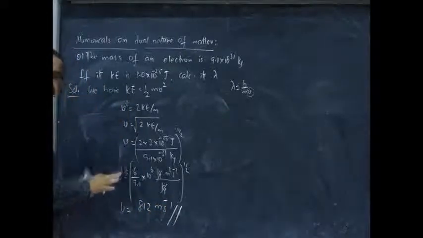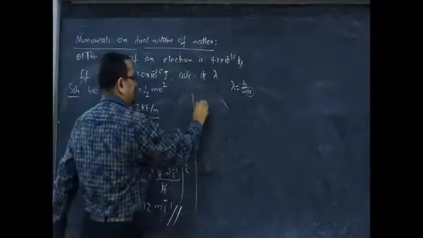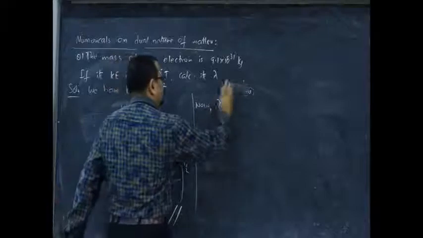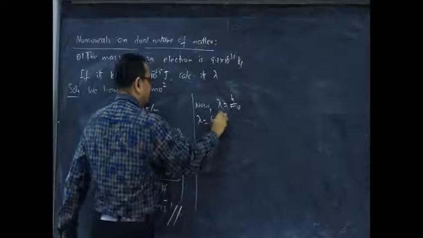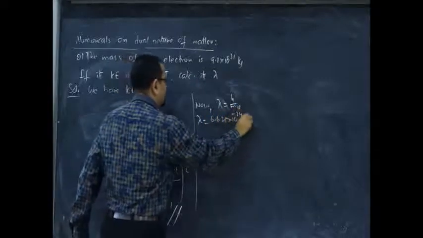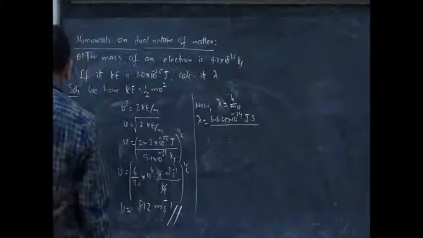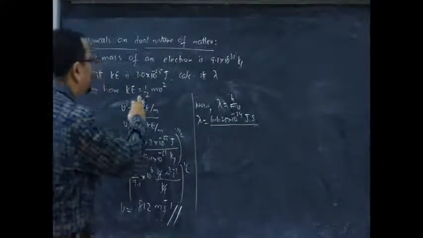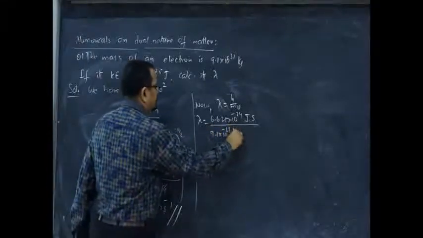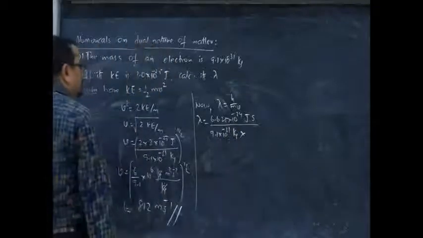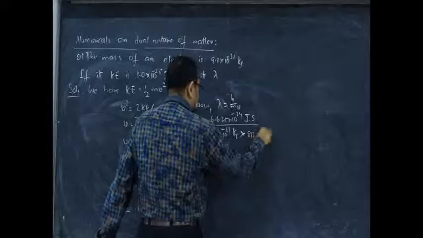This is the velocity, half the problem only we did. Now, this velocity must be substituted in de Broglie's wavelength, lambda equals h by mv. Lambda equals 6.625 into 10 power minus 34 joule second over the mass of the electron, 9.1 into 10 power minus 31 kg, into the velocity we got, 812 meters per second.